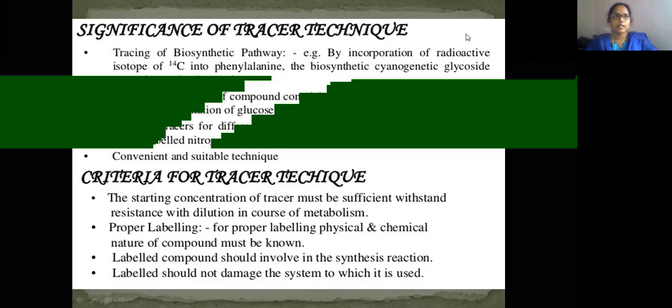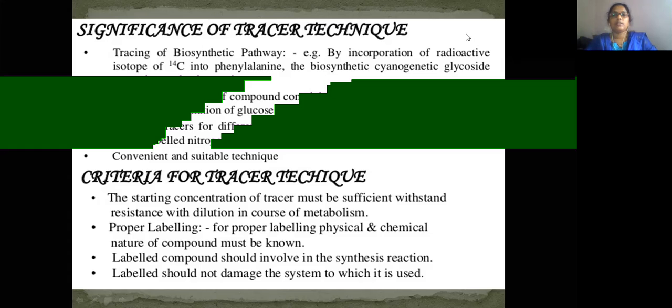If we are using any radiolabeled compound, methanol for example, we can trace out in which step it is now. And the quantity, how much is consumed and how much is remaining, can also be traced out by using these tracer techniques.